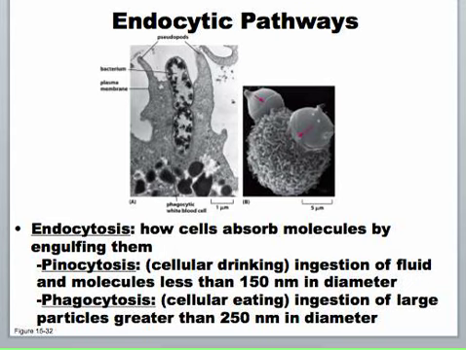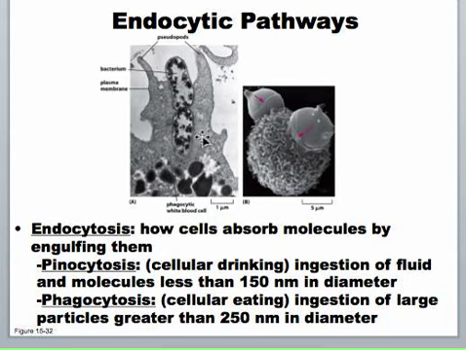Okay, so phagocytosis. Now, only certain cells undergo phagocytosis, and these cells are designed to do this. One type of cell that will undergo phagocytosis is the macrophage. A macrophage is a professional phagocyte, and a phagocyte is just a cell that specializes in phagocytosis. So that's what we're seeing here.